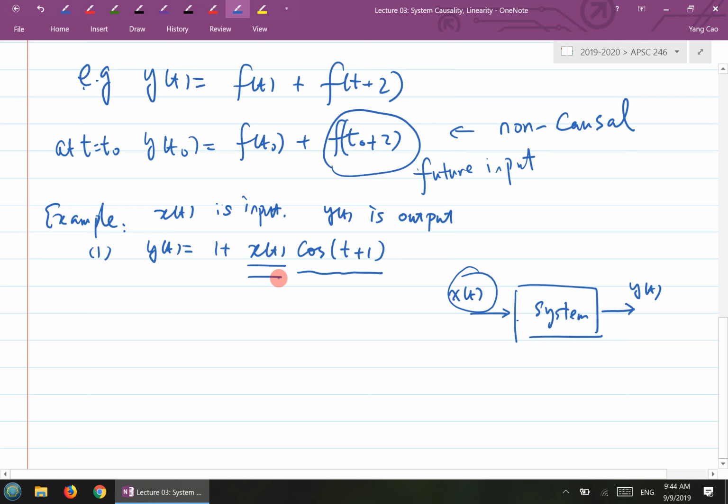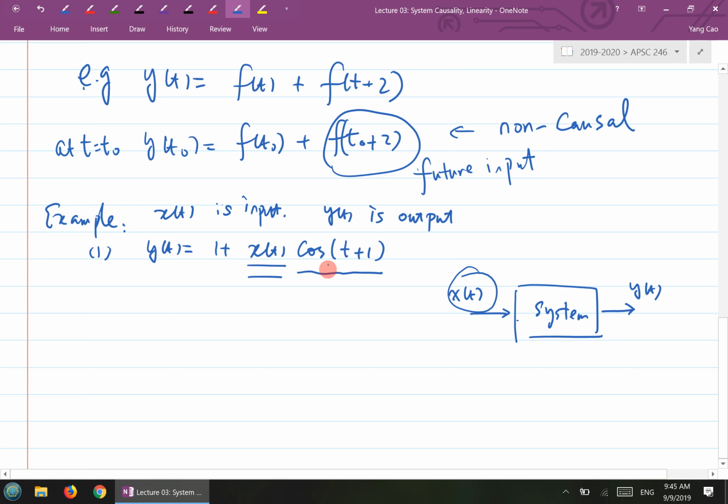So when you determine the causality of a system, the keyword is whether the output depends on the future inputs or not. So it's the input-output relationship. Other than these two, don't worry about it.